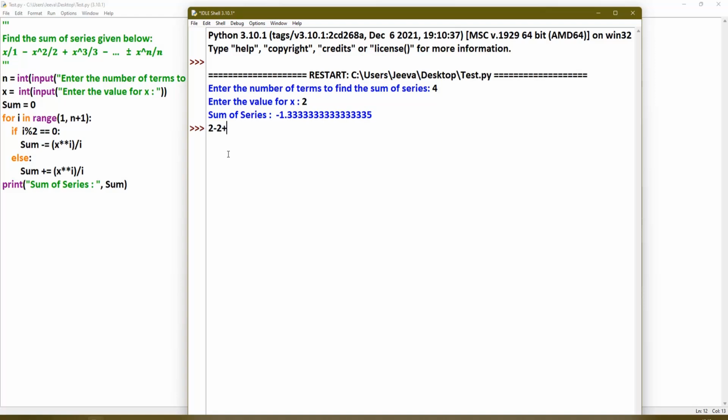Next plus x cube, that is 8 divided by 3. Let us put this in the bracket. Then now minus x to the power 4, that is 16, 16 divided by 4. This is nothing but 4. We are getting the right answer.